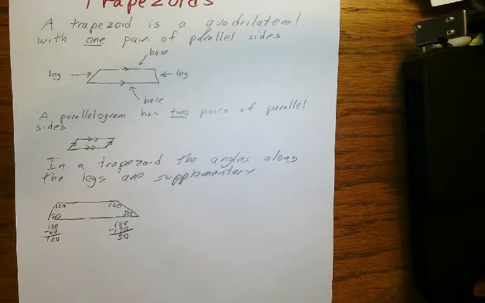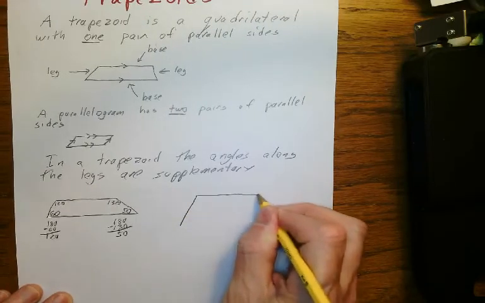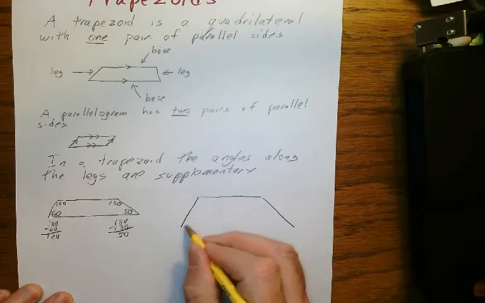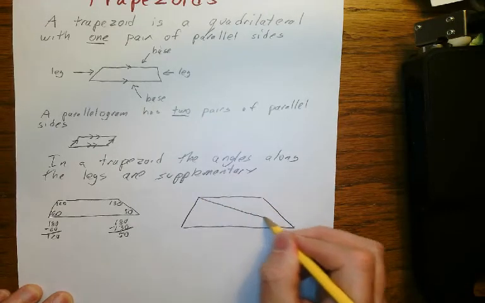supplementary. Now, since it's a quadrilateral, all quadrilaterals, the angles add up to 360, and these also add up to 360. We can get problems a little more involved than the one we just did. Here's another trapezoid, and let me draw a diagonal.